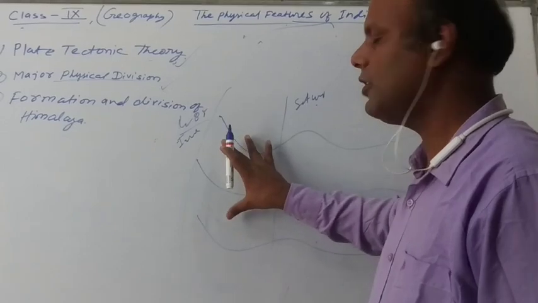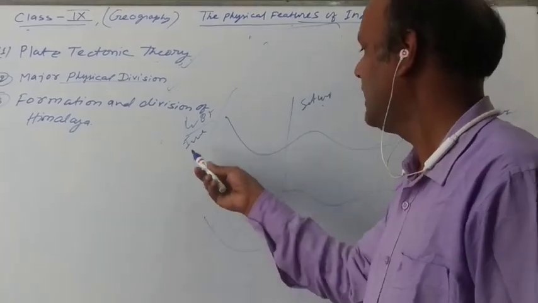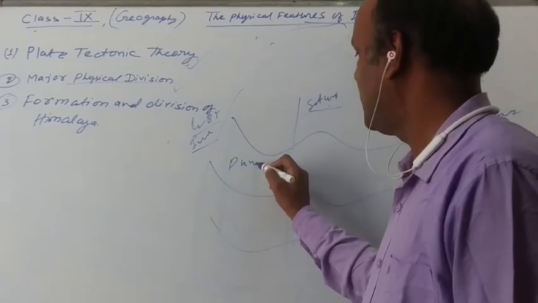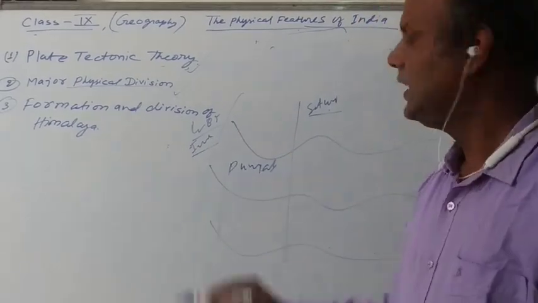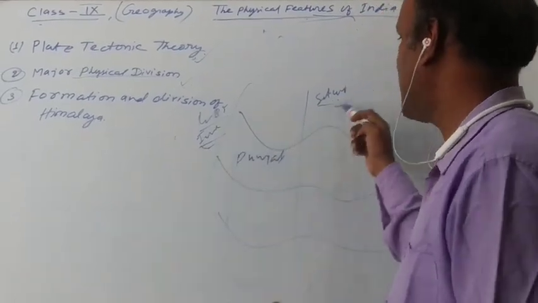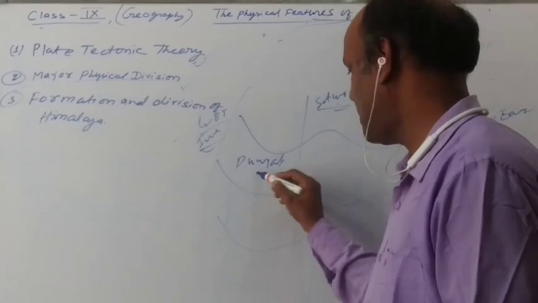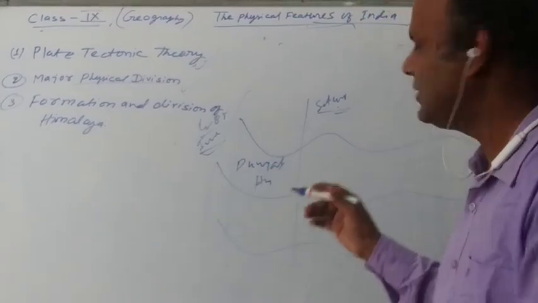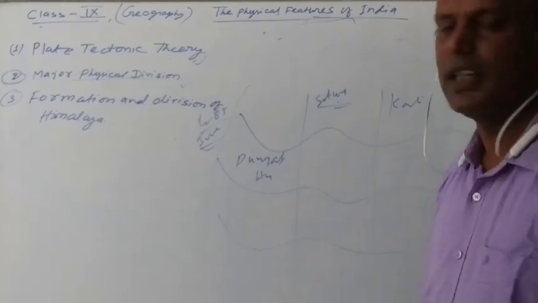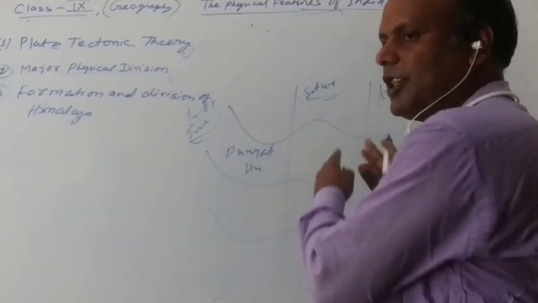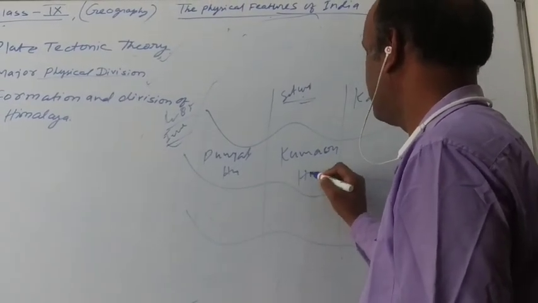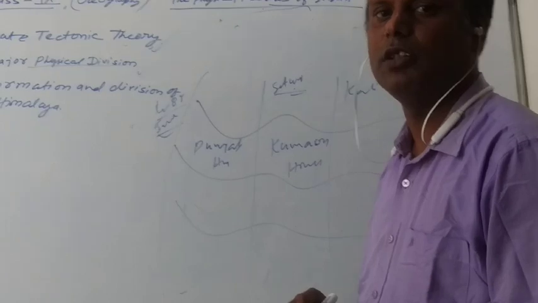The part of the Himalaya situated between Indus and Satluj is known as the Punjab Himalaya. And then we have Satluj to Kali River. The part of the Himalaya situated there is called the Kumaon Himalaya.